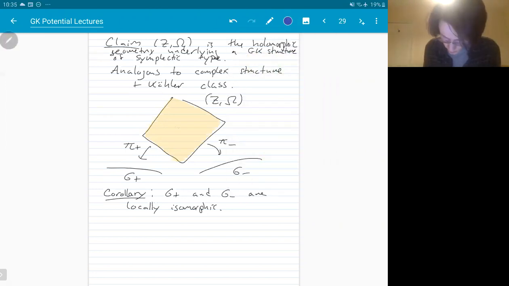Say you have a point sigma in sigma plus, you have the corresponding point in sigma minus, and you take a point that maps to each.